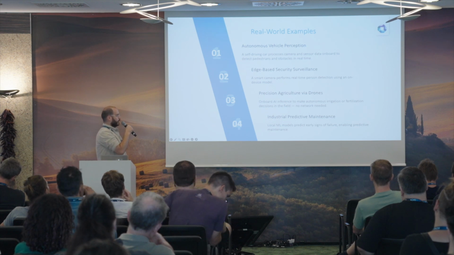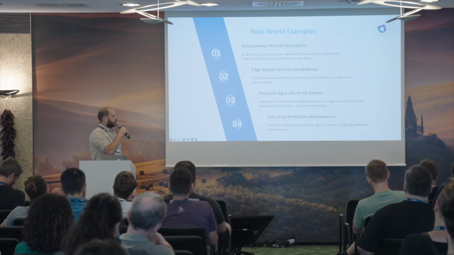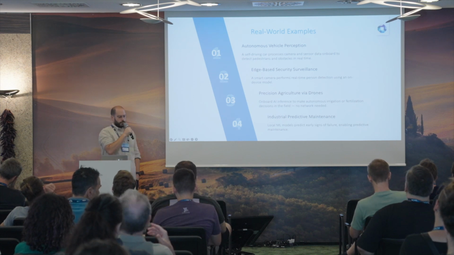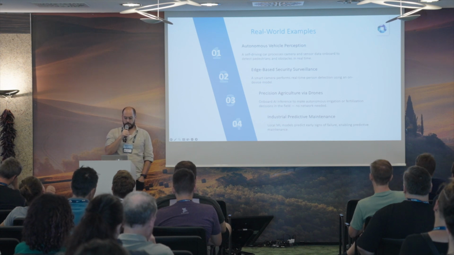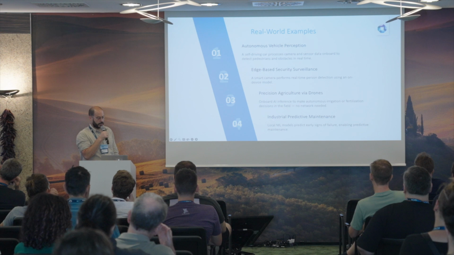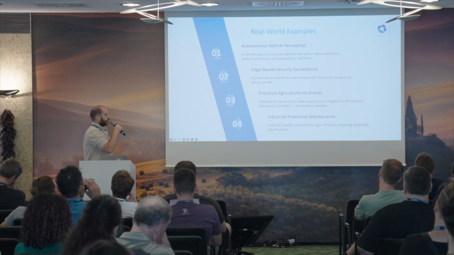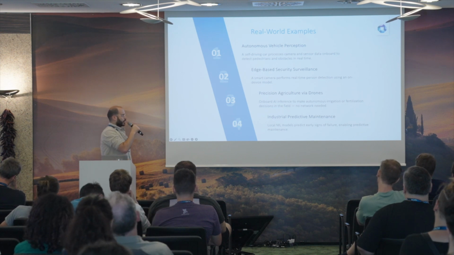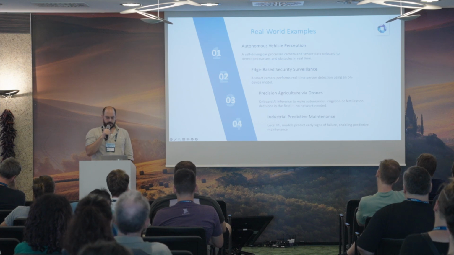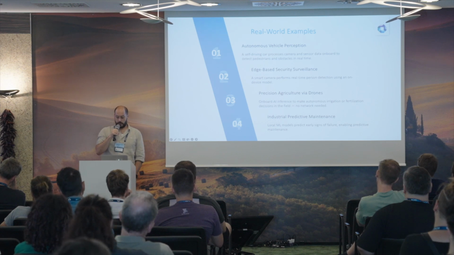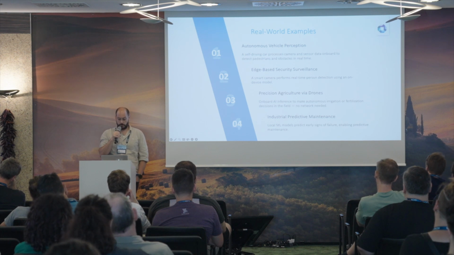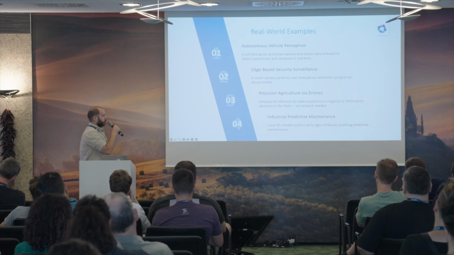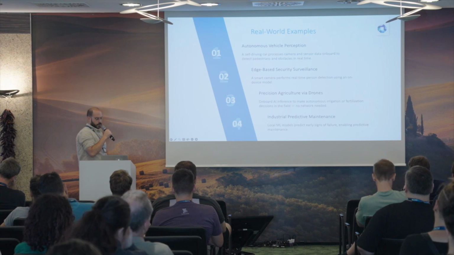We have agriculture via drones. This is something from a small startup, where the startup has drones which check the different agriculture fields outside, and where real-time decisions can then be made on what to do, and there's no real network needed.